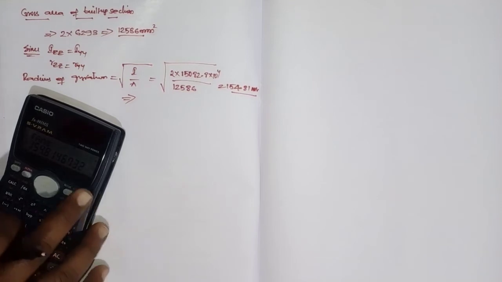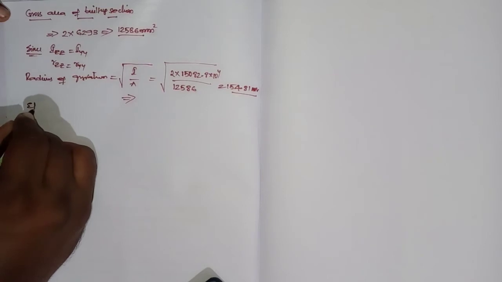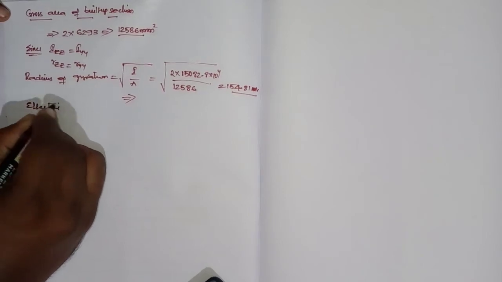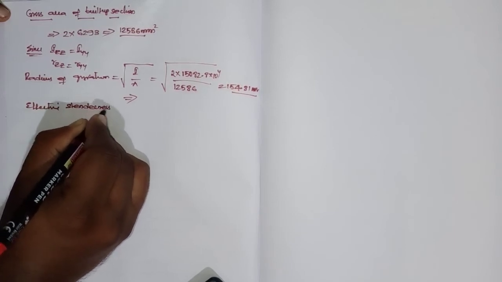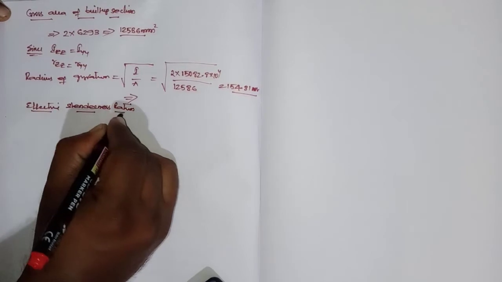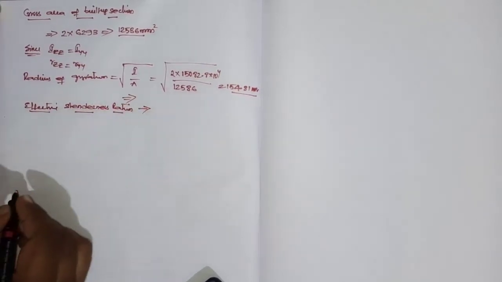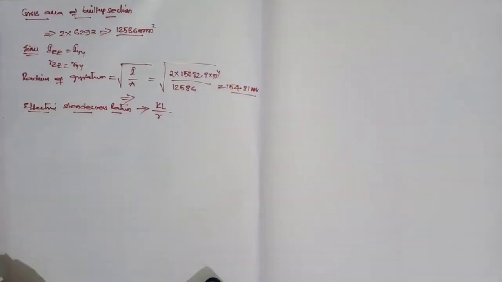Next, the effective slenderness ratio. One end fixed, the other end hinged is given. This is KL by r.